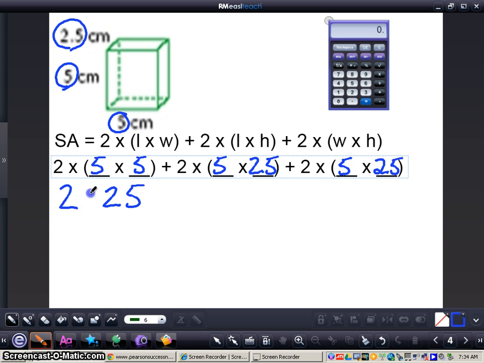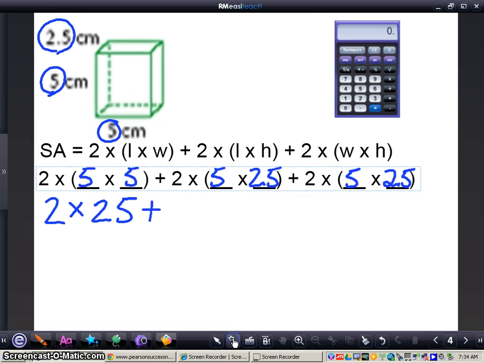So 2 times 25 plus, and now we have 5 times 2.5. This may be a little tricky, so I'm going to put it in the calculator here. 5 times 2.5 equals 12.5.